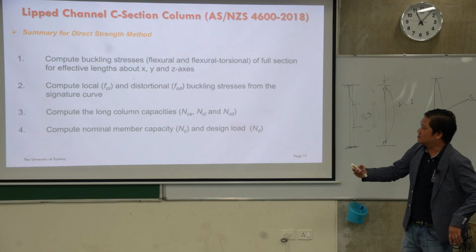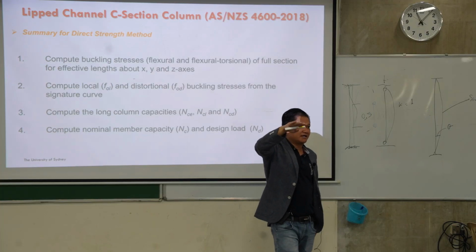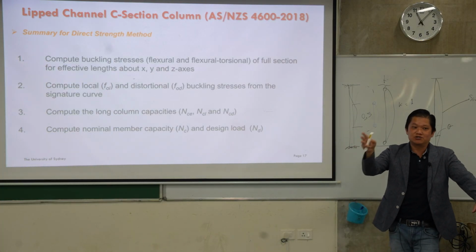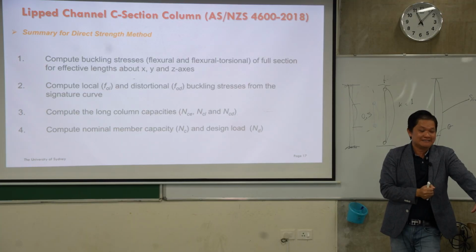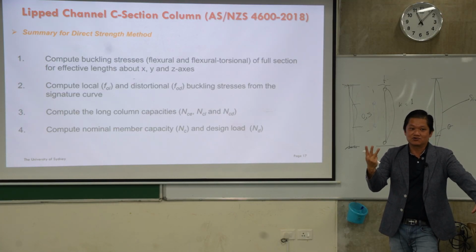After that you calculate the member capacity by using any traditional or conventional method. Then you plug into the distortional or local buckling equation, then you get another two strengths. So at the end you get three strengths, compare and get the one.